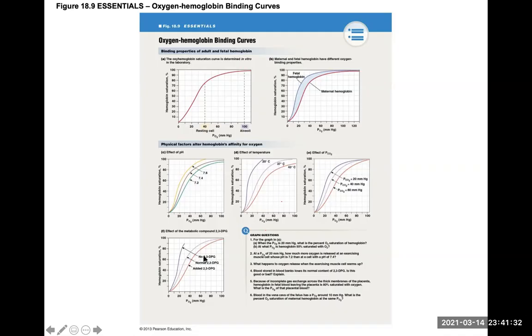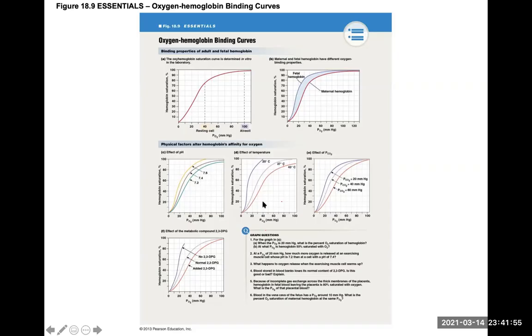You probably should have talked about 2,3-DPG in Bio 21A, which was a byproduct of aerobic metabolism. But we're going to just call it 2,3-DPG for our purposes because it's long. So these four factors are what we talk about right now.